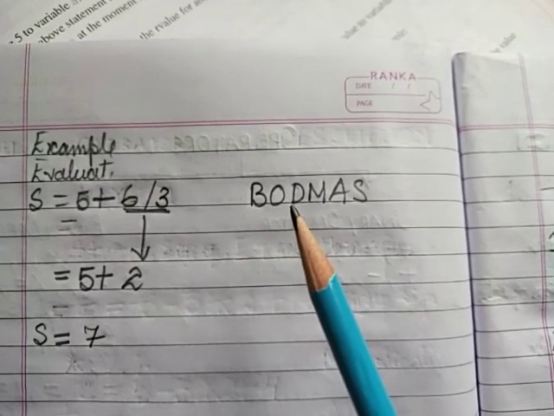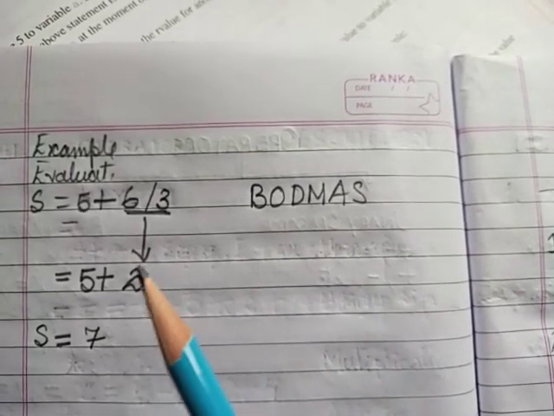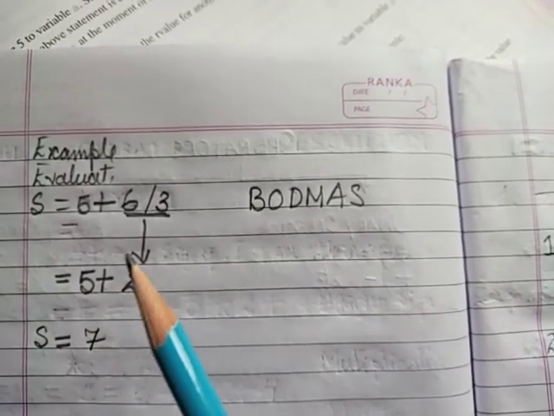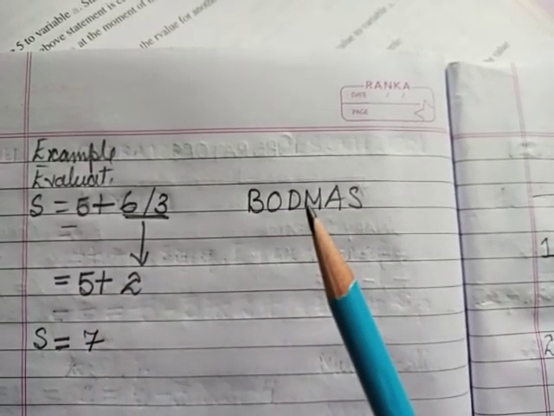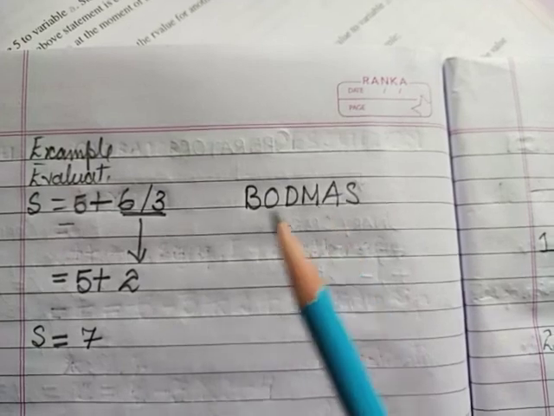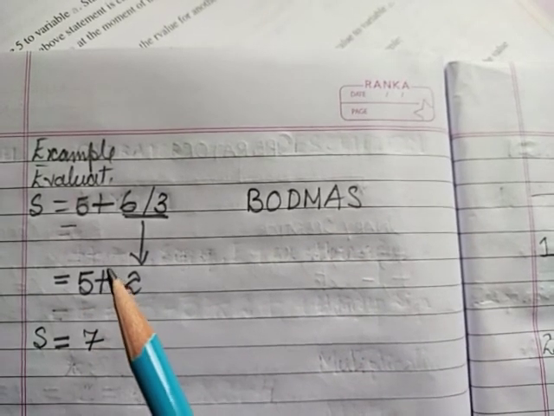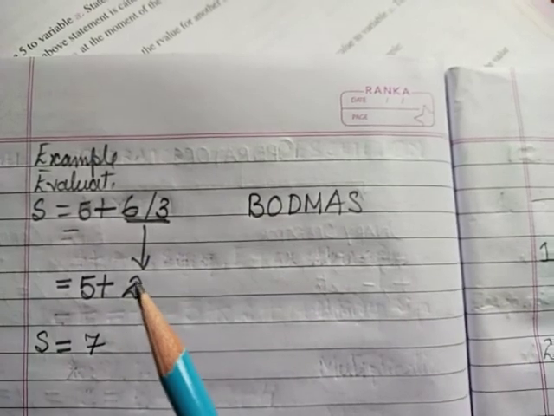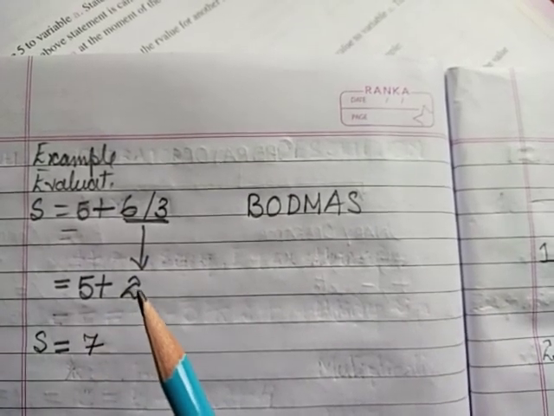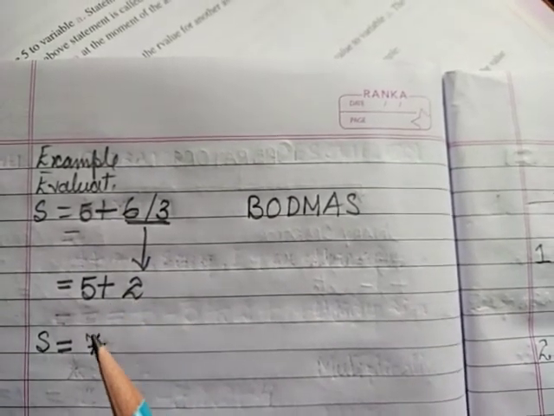Then after division, we have multiplication, but we don't have a multiplication symbol in our expression. After multiplication, we have addition. In our expression, we have the addition symbol, that is 5 + 2. The result that comes out is 7.